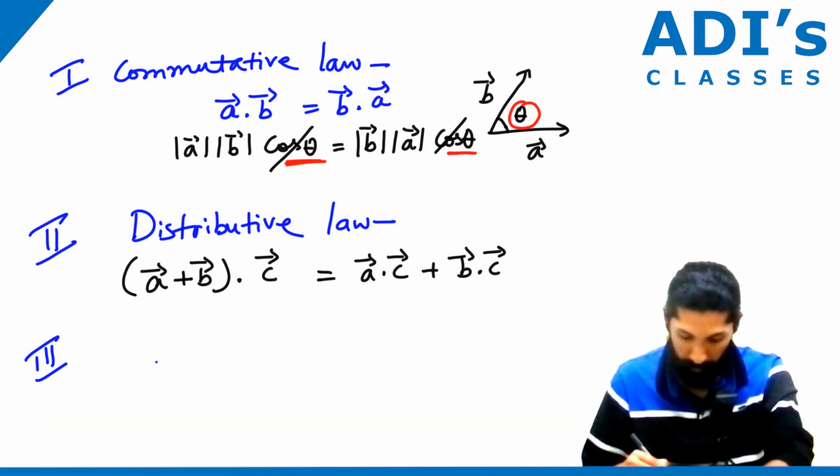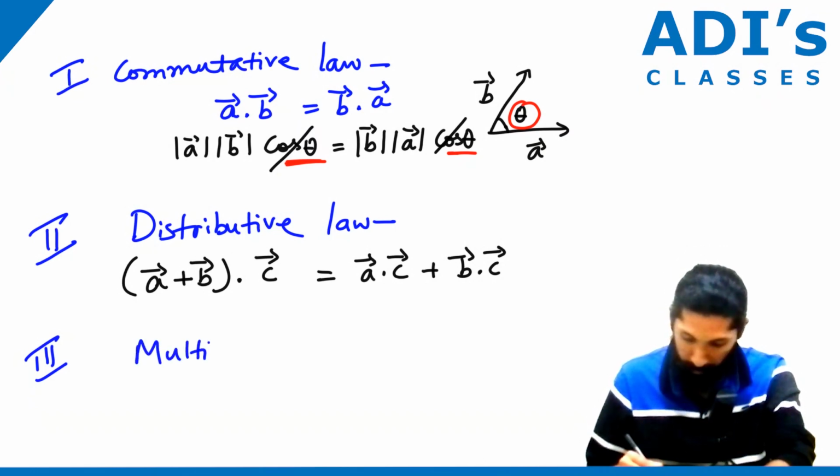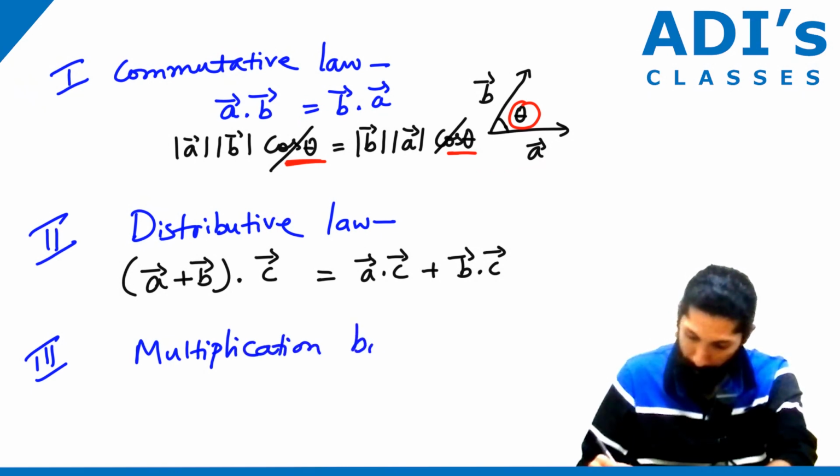Now the third law is multiplication by a constant.